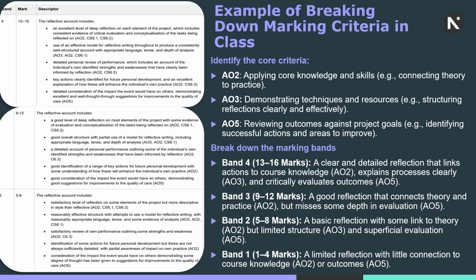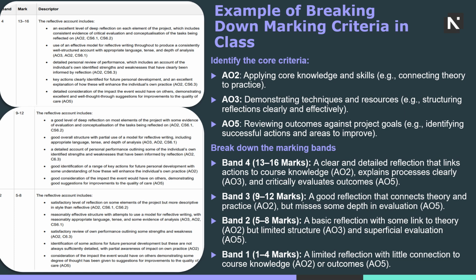Band 3 is a good reflection, which connects theory and practice, but lacks depth in evaluating outcomes. Band 2 would be a basic reflection with some link to theory, but limited structure and superficial evaluations of outcomes. And finally, Band 1 would be a limited reflection with little connection to course knowledge or evaluation of outcomes. So by understanding these bands, students can see how to elevate their reflections to higher levels.